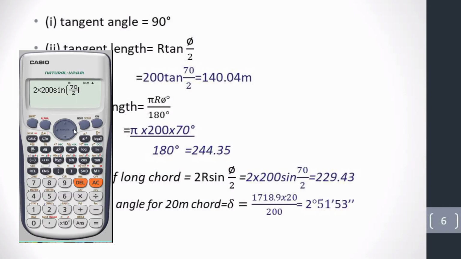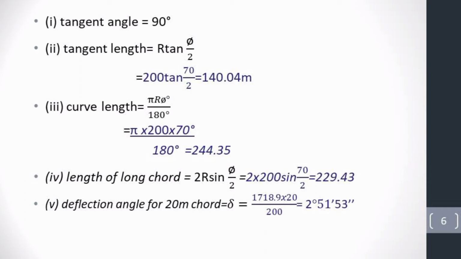So that is 2 times 200 sine 70 over 2, giving us 229.43. Then the deflection angle for 20 meter chord. So we were told the subchords are 20 meters, so that is a direct thing.